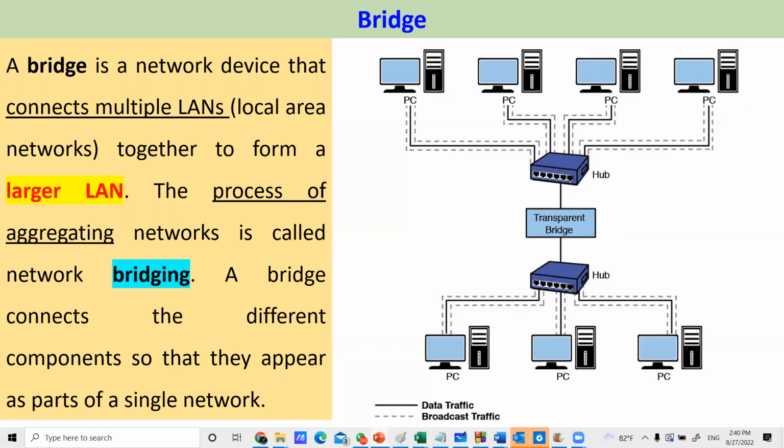In that way, you want to remember the use of bridge. Simply we can say bridge is used to connect two or more local area networks. By connecting local area networks, you can expand your small network into a somewhat larger network.